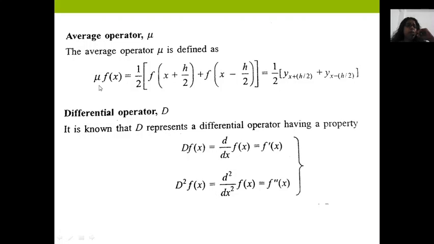When the average operator is operating on the function, it will give you the average of two succeeding values, that is f of x plus h by 2 and f of x minus h by 2. This x is the average of x plus h by 2 and x minus h by 2, that's all. This is the average operator mu, and I rewrote it in terms of f and then y.